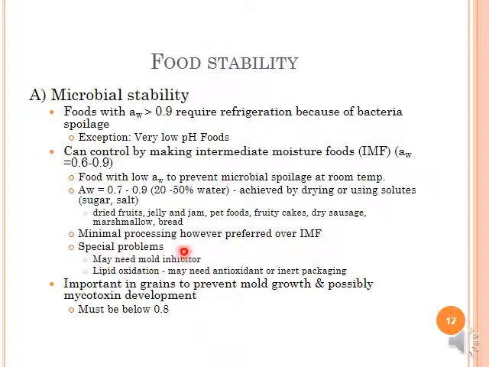The problem of microbial stability of food in this range of 0.6 to 0.9 water activity can be addressed by adding mold inhibitor, or in order to avoid lipid oxidation, we put antioxidant or put the food in inert packaging.